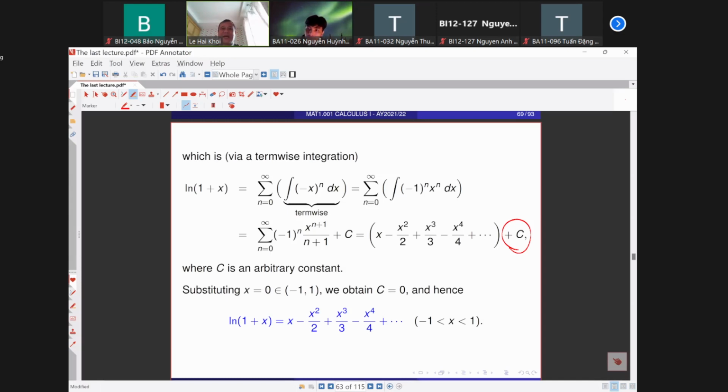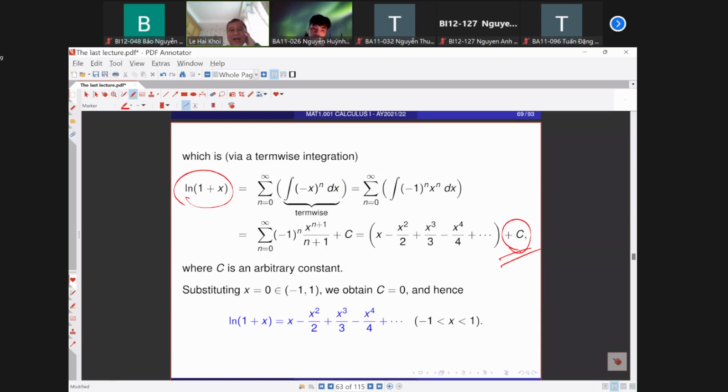Well, c is an arbitrary constant. You cannot have such a function represented in many different formulas.